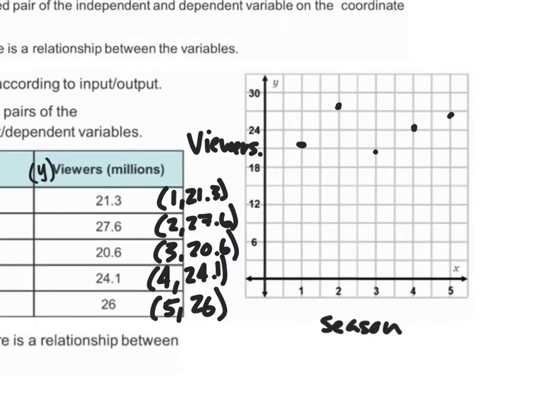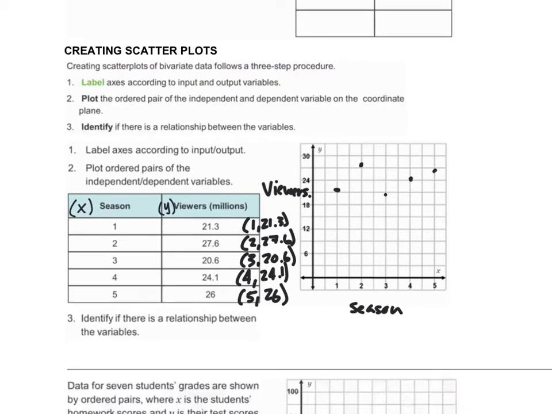Okay, and the question is, so we've done that. We've done number 1, where we label the axes according to the input-output. We've plotted the pairs of independent and dependent variables here. And we want to identify if there is a relationship between the variables.